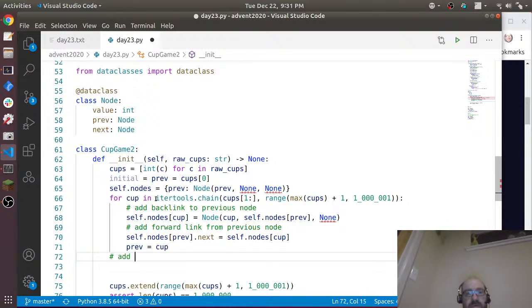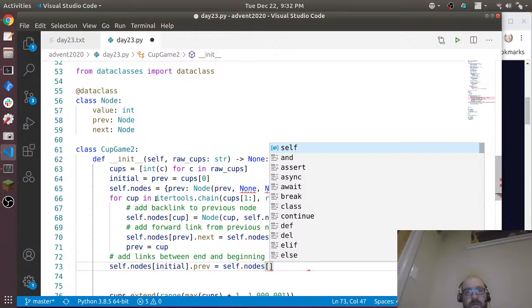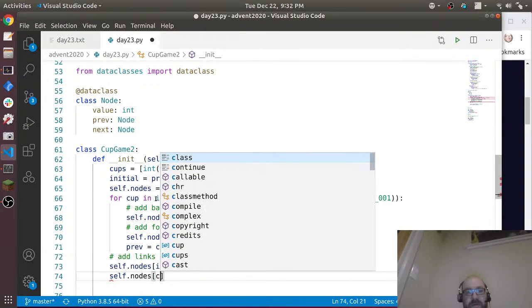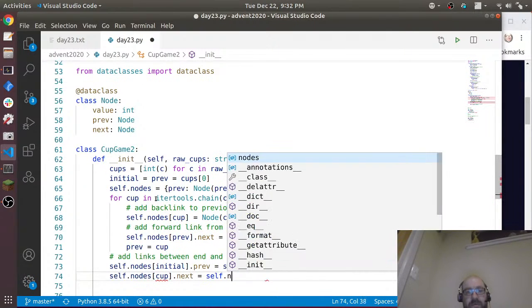And now add links between end and beginning. Self.nodes initial.prev equals self.nodes cup, and self.nodes cup dot next equals self.nodes initial.